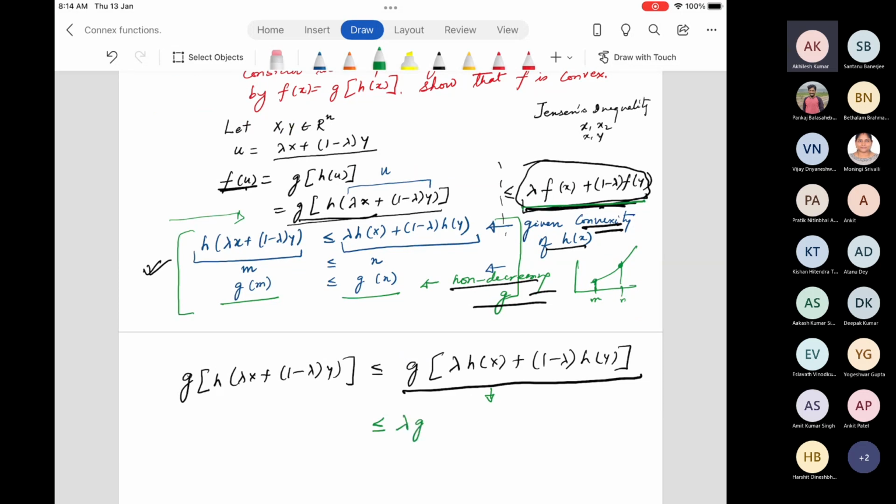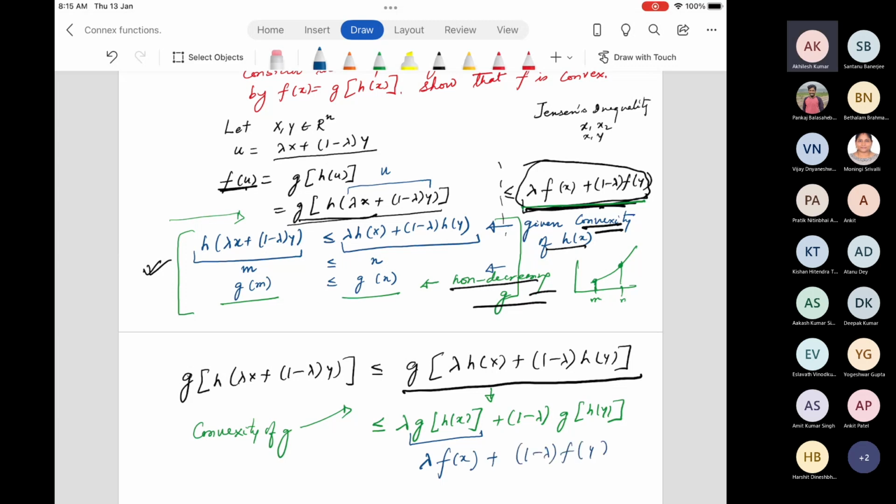So if I write using Jensen's inequality, g of h(x) plus 1 minus lambda g of h(y), using the convexity of g. Does this make sense? Yes, sir. So we have used all the properties, and luckily we have reached it. This is nothing but lambda f(x), and this is nothing but 1 minus lambda f(y).